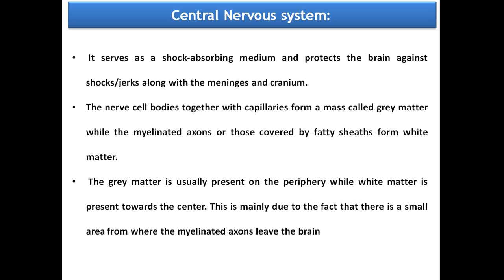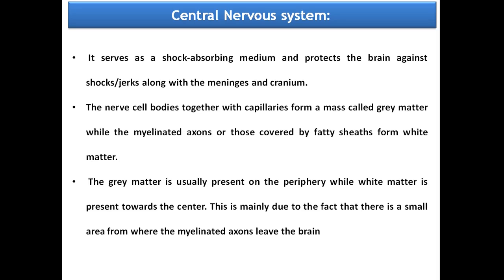Mainly, the nerve cell bodies, that is cytons, together with capillaries form a mass called grey matter, while the myelinated axons, those covered by fatty sheaths, form the white matter. The grey matter is usually present on the periphery, while the white matter is present towards the center in the brain.